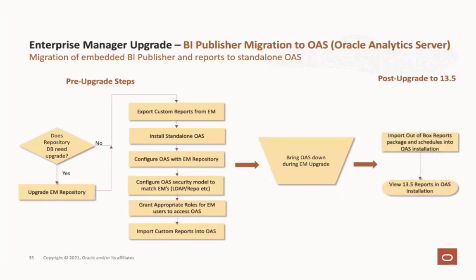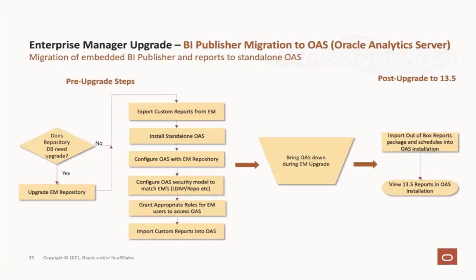Once you're ready to upgrade to 13.5, you bring down your OAS so that it's not trying to connect to the EM repository and generate reports. And then once you're complete with your 13.5 upgrade, we will have our out-of-box reports in your 13.5 installation, and that whole package can be imported into your standalone OAS installation.